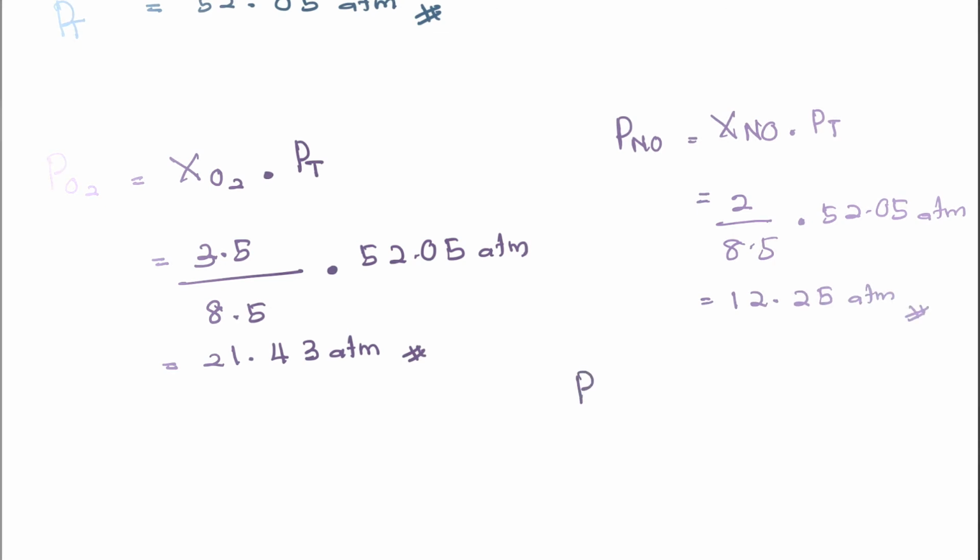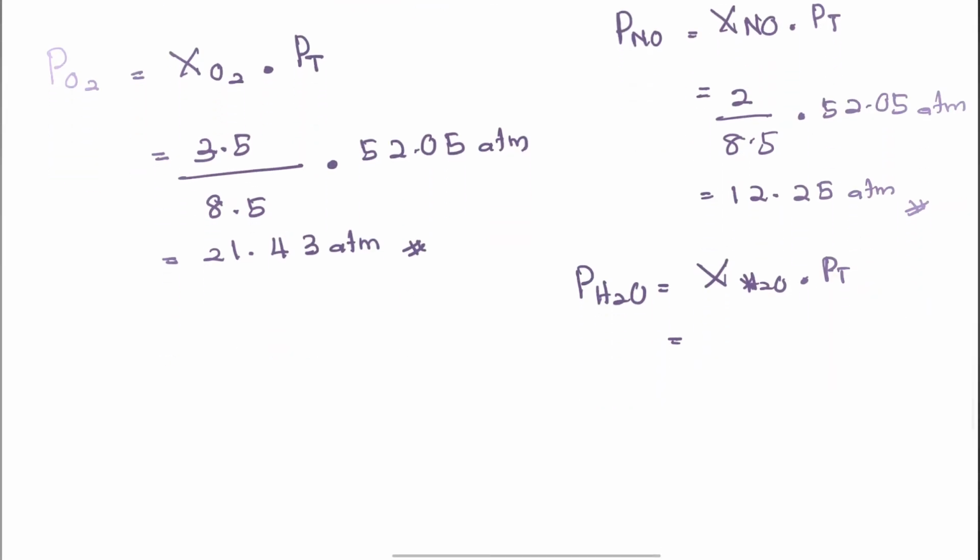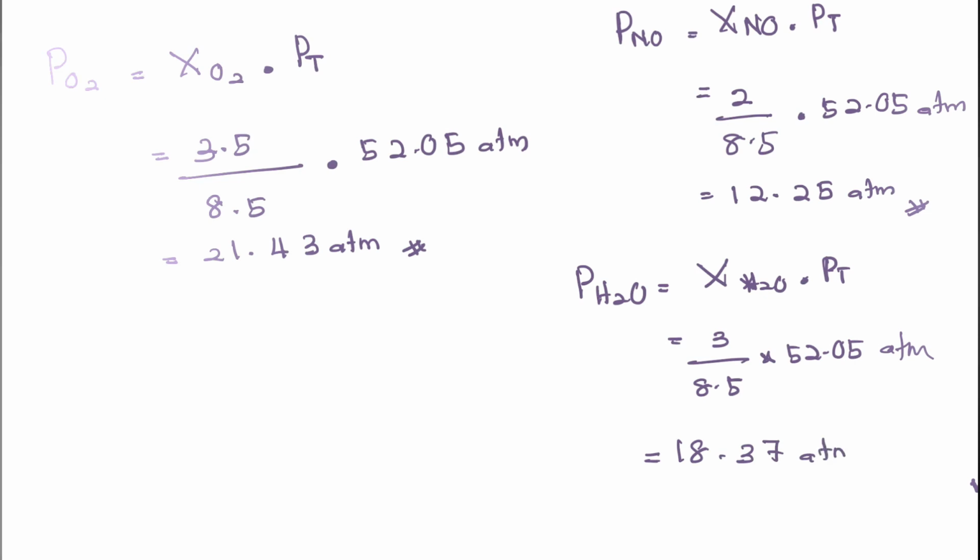And the last one, P water vapor, is equal to mole fraction water vapor times P total, which is 3 over 8.5 times 52.05 atm, which is 18.37 atm. Okay.